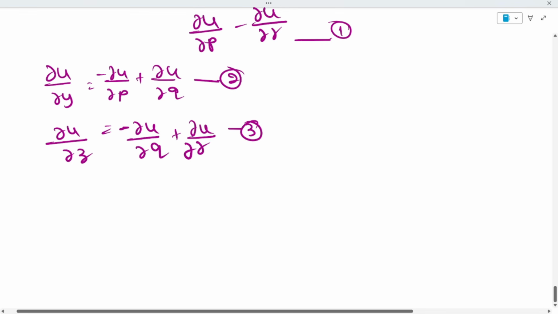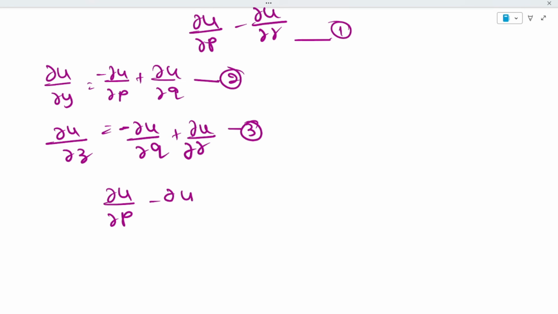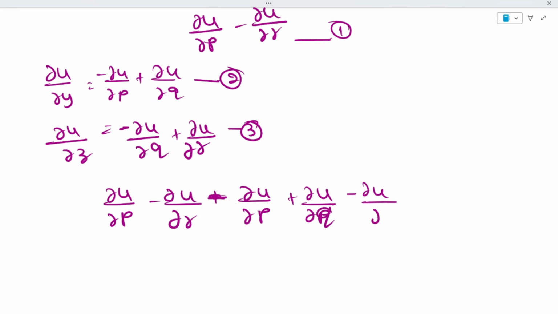Now let's see by adding. That means del u divided by del p minus del u divided by del r, plus minus del u divided by del p plus del u divided by del q, sorry, minus del u divided by del q plus del u divided by del r.